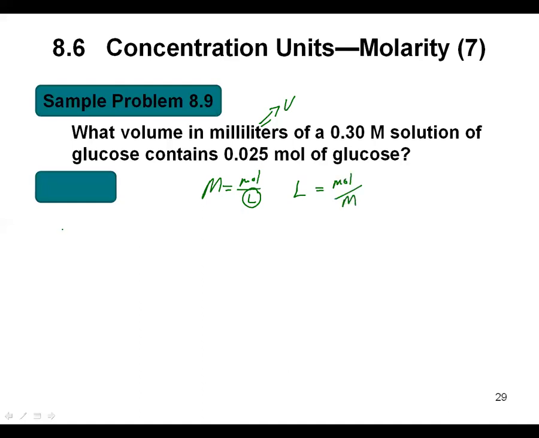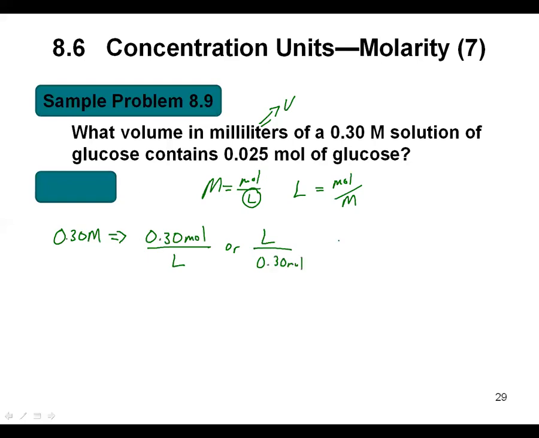Now, when we have something like 0.3 big M, when you do a calculation, as we talked about last time, it's probably best to break this up into the two units. So you can say it is 0.3 moles per liter. You could also use it like a conversion factor, with liters on top and moles on the bottom.